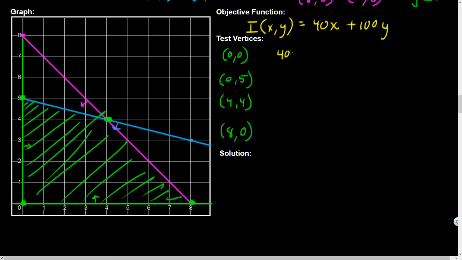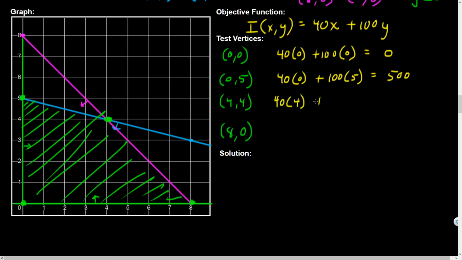You can probably guess what happens when we plug in 0. I get 0 income. Not a great scenario. If she does no haircuts and 5 cut and colors, that would be $500 coming into the shop. Here's the one where she's got a combination of each.